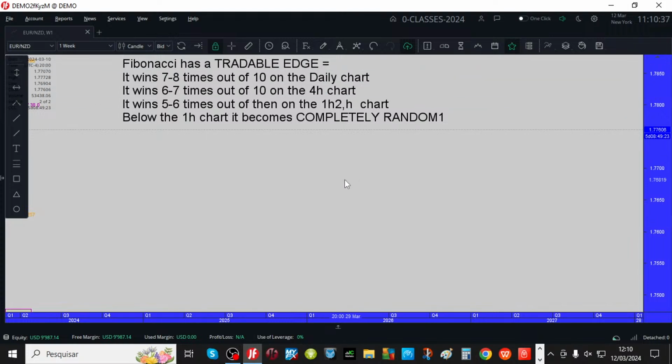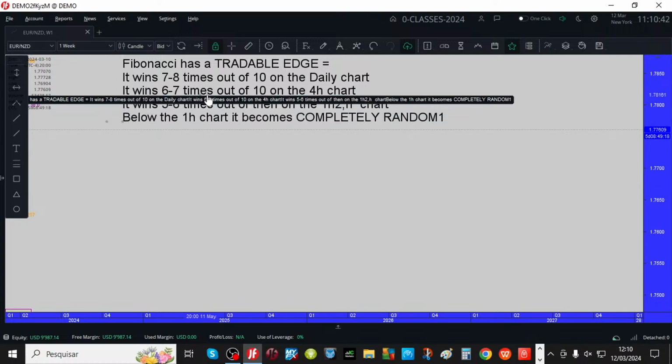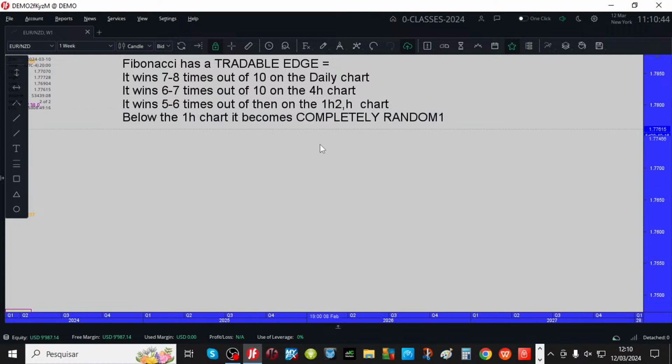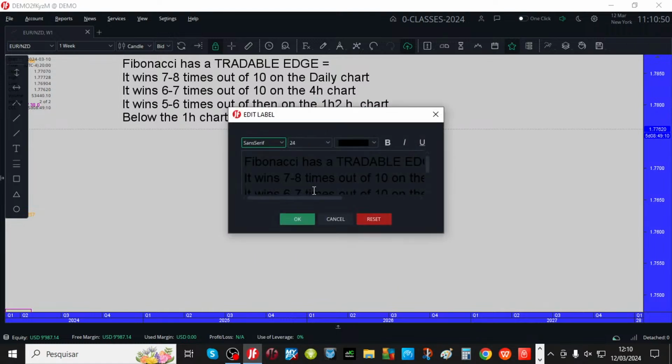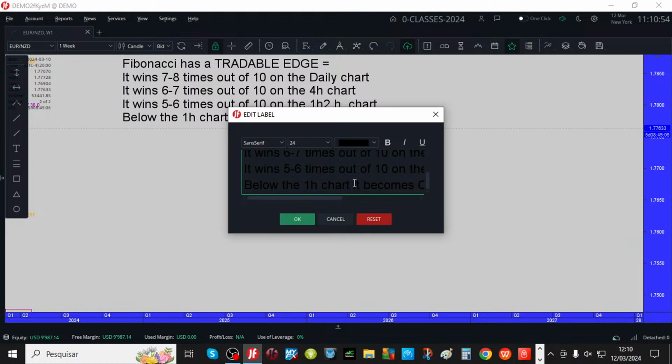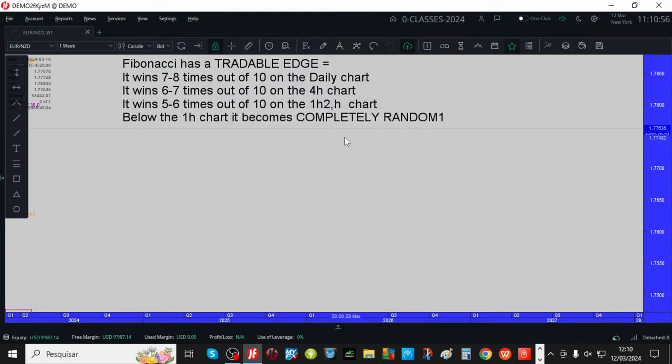It wins 7 to 8 times out of 10 on the daily chart, 6 to 7 times out of 10 on the 4-hour chart, and 5 to 6 times out of 10 on the 1-hour, 2-hour chart. Below the 1-hour chart it becomes completely random.